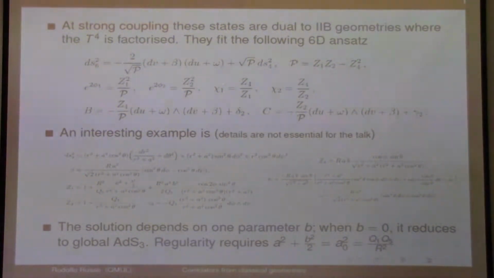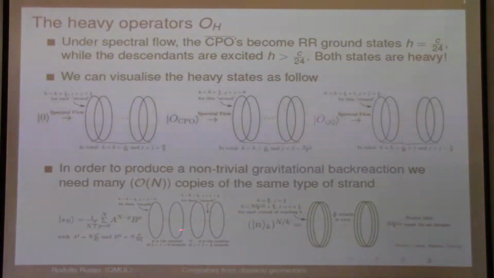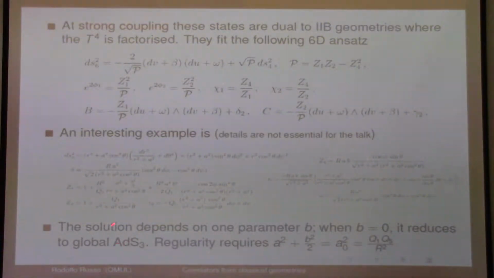Again, in the CFT description you have two parameters, but you have a normalization condition, right? The norm of your state is fixed, let's say to 1. With this convention, it translates into something like the modulus of a squared plus the modulus of b squared equals 1. So actually only one of these parameters is independent. And how do you see this in supergravity? Well, this was understood by the people I mentioned before.